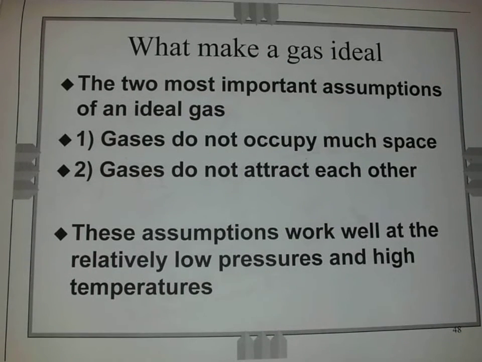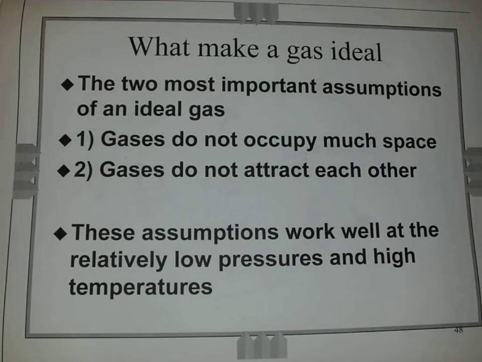These assumptions work very well when you are at relatively low pressures and high temperatures. If we get to relatively high pressures and low temperatures, that makes a gas more real, and we'll show you how to deal with that at a later date.